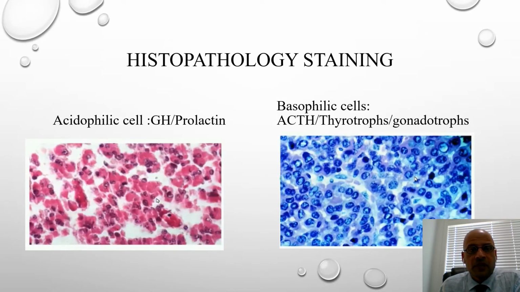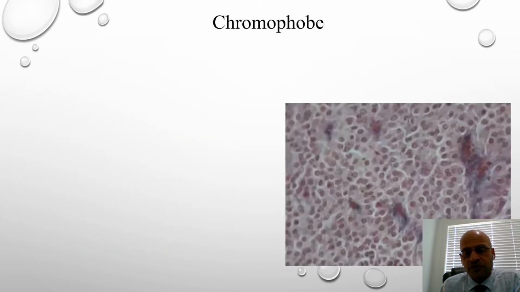The hematoxylin stain or the basophil stain basically will stain all the corticotroph, thyrotroph, and gonadotrophs, while the acid stain will be taken up by somatotroph and lactotrophs. Chromophobe, as you could see here, doesn't take any of these stains.